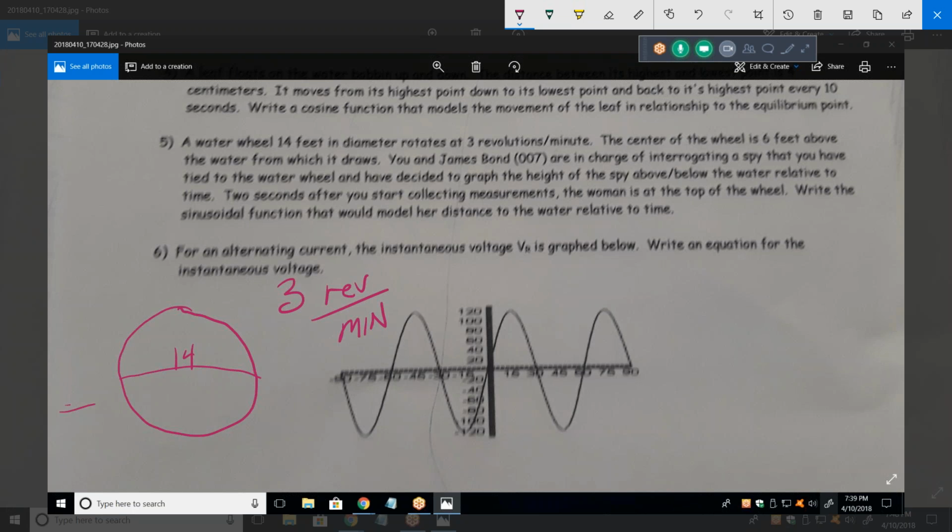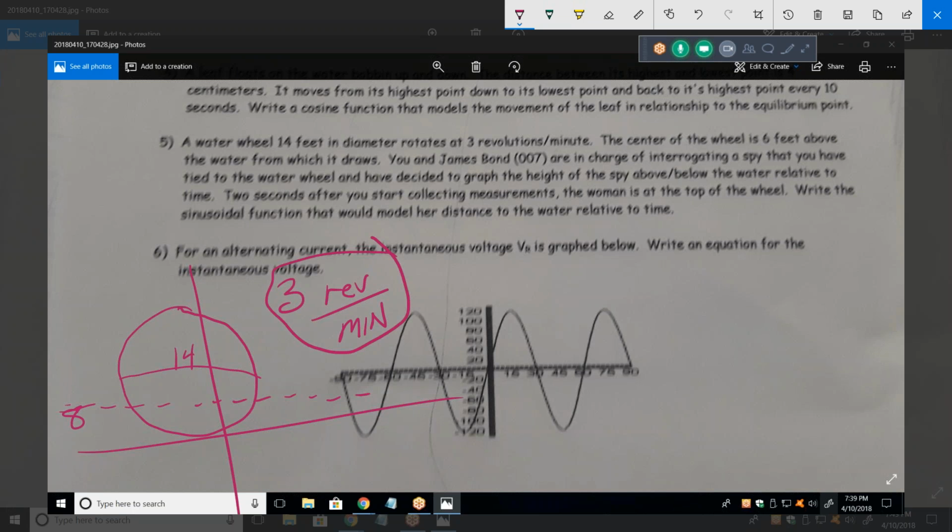So we have a water line right there that's at 8 feet. We're going to put an axis on this thing. That's what it would look like, kind of. In other words, its diameter is still 14 feet. It operates at 3 revolutions per minute. What's that going to allow us to figure out?